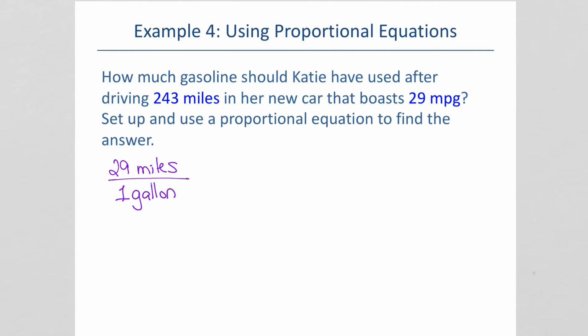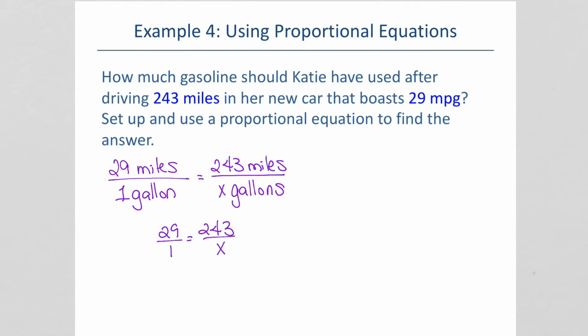And we want to see how many gallons it would take for her to drive 243 miles. When we set this up, if we put miles over gallons on the left, we need to put miles over gallons on the right. So we'll put 243 miles over, we'll call it X gallons. So we've got a proportion: 29 over 1 equals 243 over X.